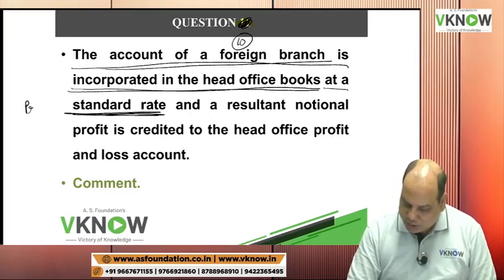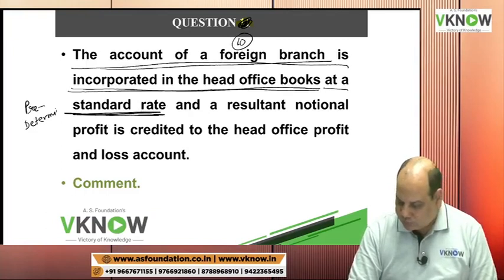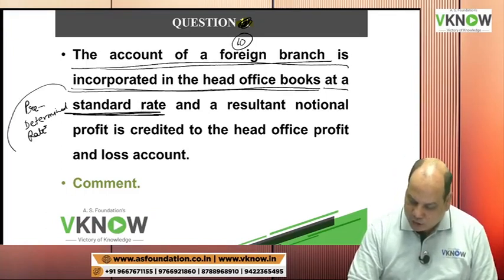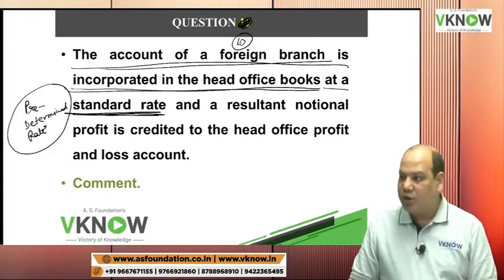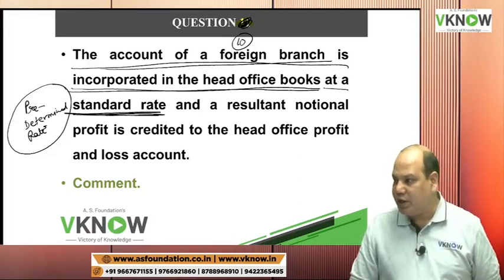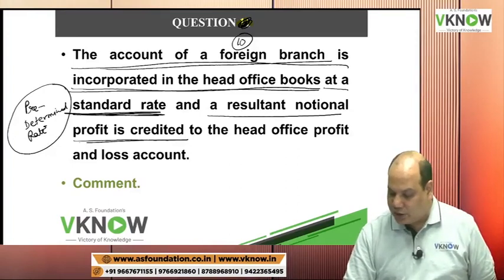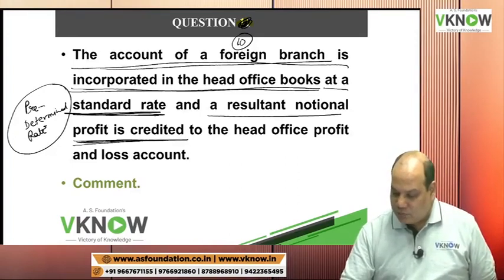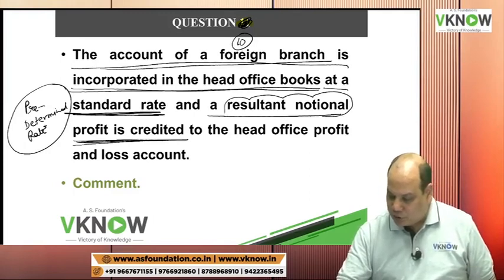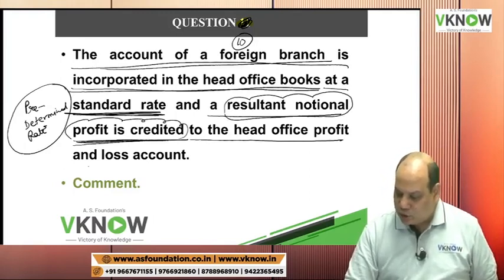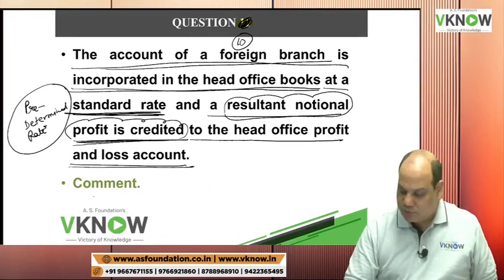Standard rate means predetermined rate, budgeted rate, not as per market, but as per the pre-decided rate. And whatever profit or loss that comes is credited to the head office profit and loss account.